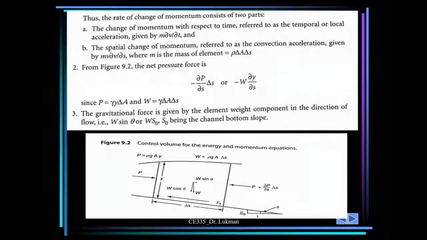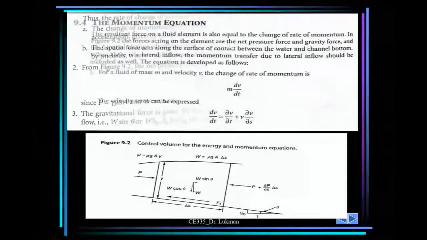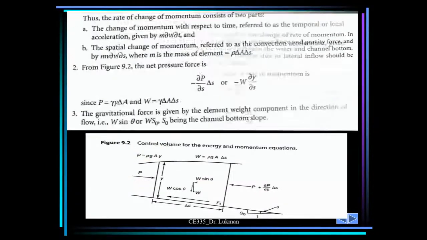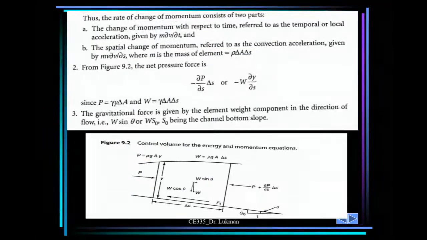This we did in dynamics. The rate of change of momentum consists of two parts, because if this is the velocity, then we have m del v/del t plus m v del v/del s. The change of momentum with respect to time, m del v/del t, is referred to as temporal or local acceleration.